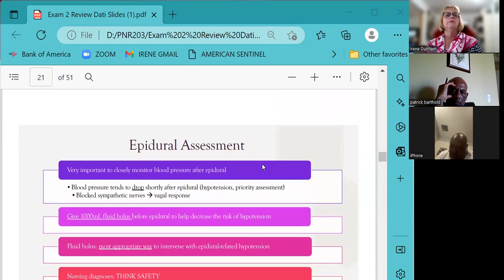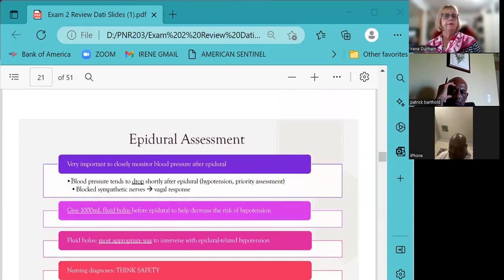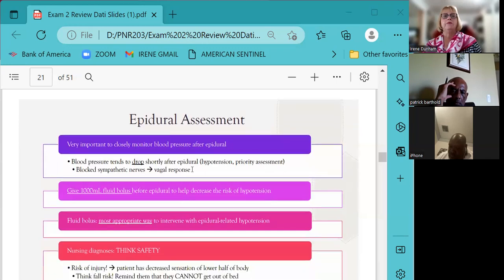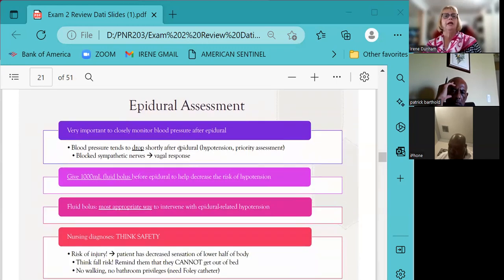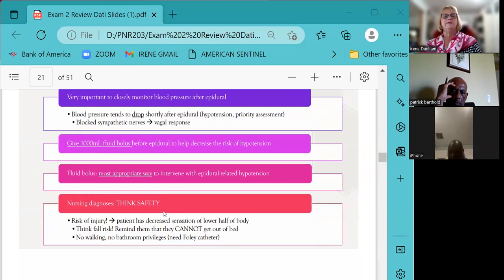Okay, so here's your epidural assessment. Very important, like I said before, monitor blood pressure and give a bolus, a 1,000 ml bolus. And we're going to think safety. Now let me go over this. I want you to hear this.